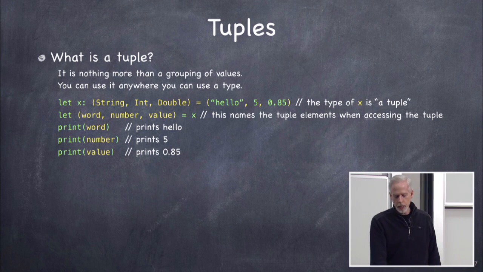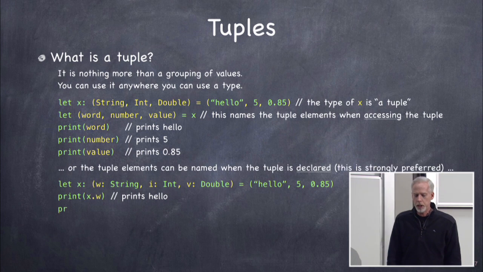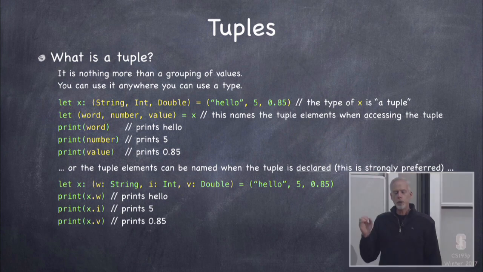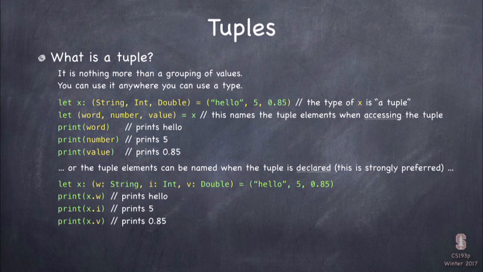Now, believe it or not, we don't do it that way most of the time, because it's also possible to name the elements of a tuple. Here I've defined x, same thing, String, Int, Double, but look, I've named each of them. I called the string part w, the int part i, and the double part v, for some reason. I still set it equal in exactly the same way, no difference there, but now I don't need to pull it out into separate variables.